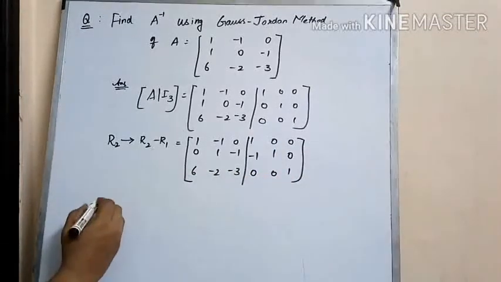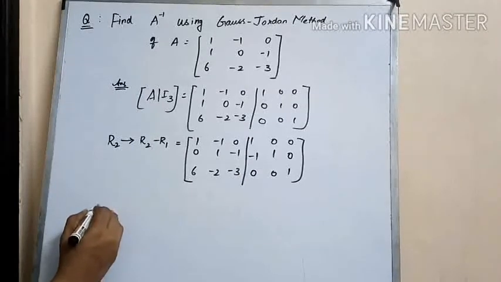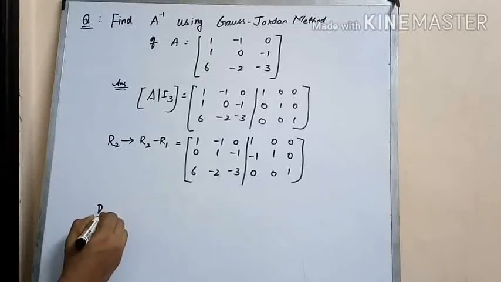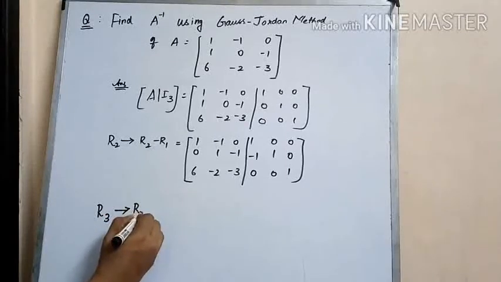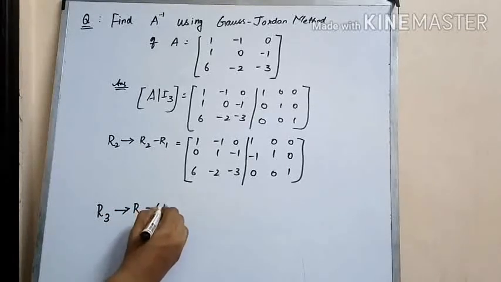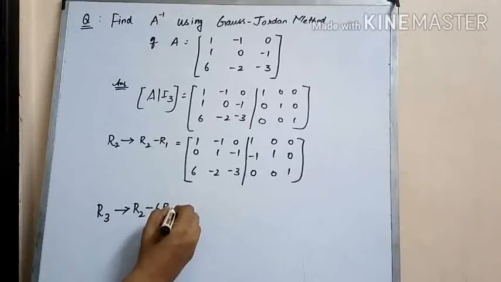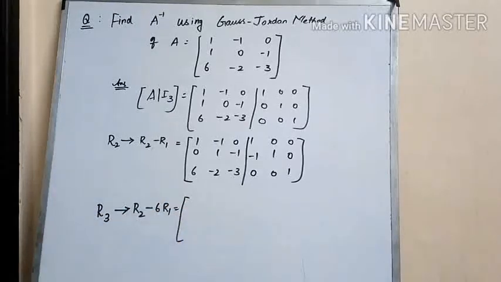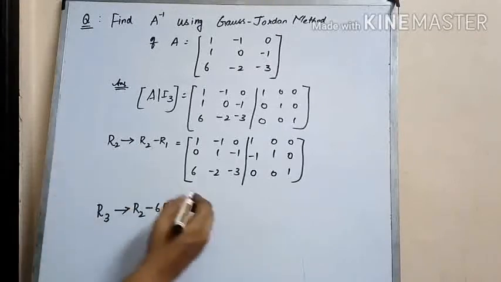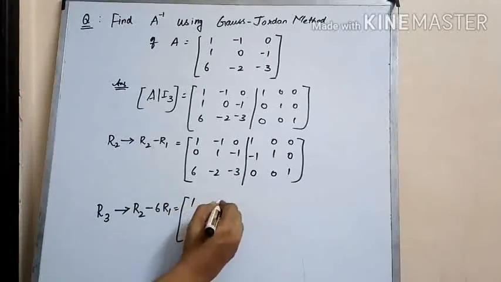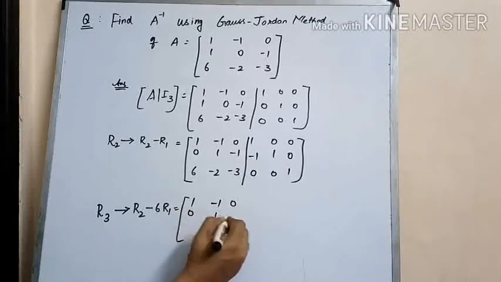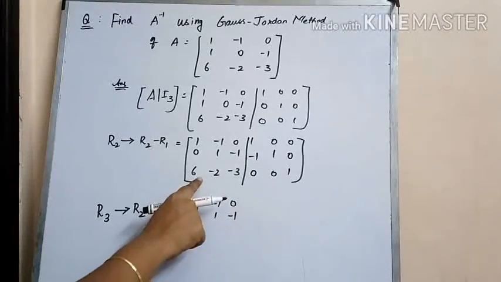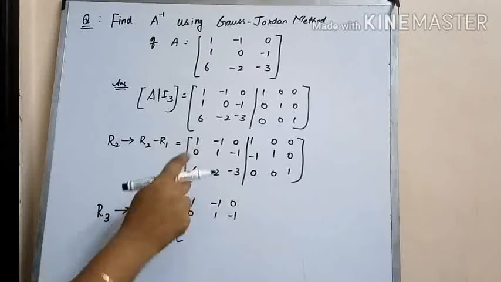The next row operation is R3 minus 6 R1. So here you'll have 1, minus 1, 0, 0, 1, minus 1, and this row we are subtracting with 6 R1.